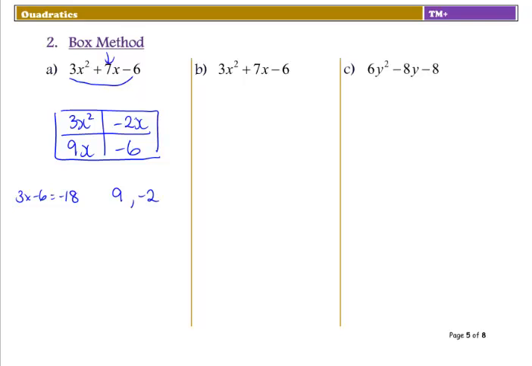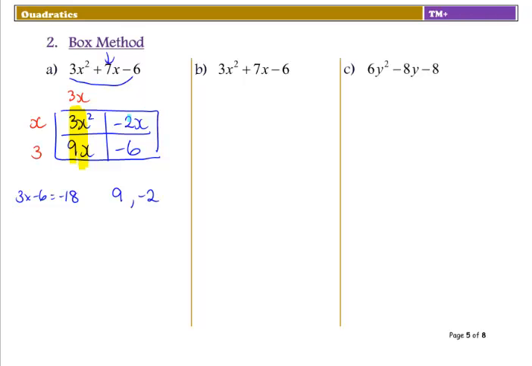Okay, now what we do is we write the common factors of each row. If I look at this row here, the common factor would be x. If I look at this row here, the common factor would be 3. Okay, now I look down the columns. I look down this column, common factor would be 3x.